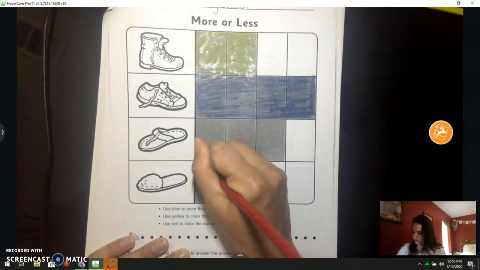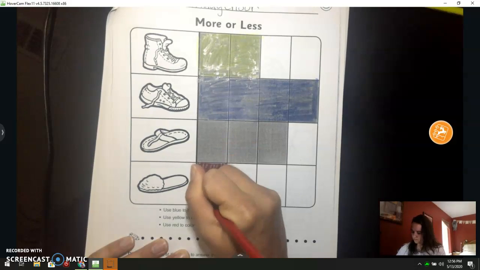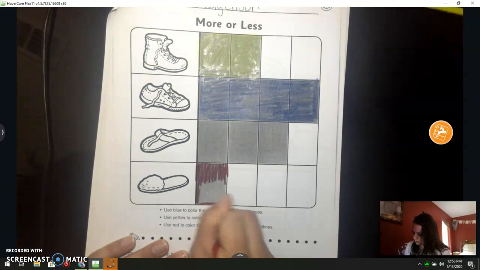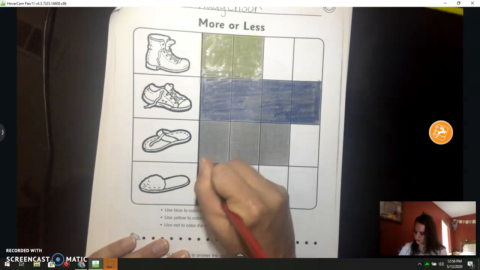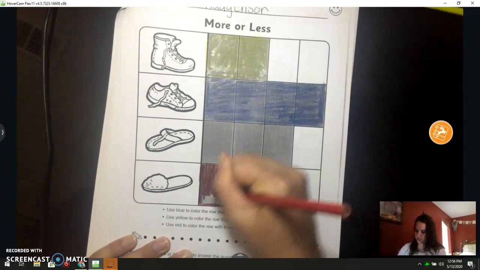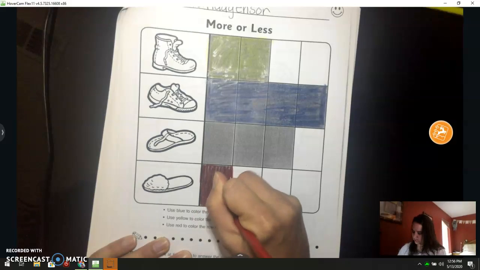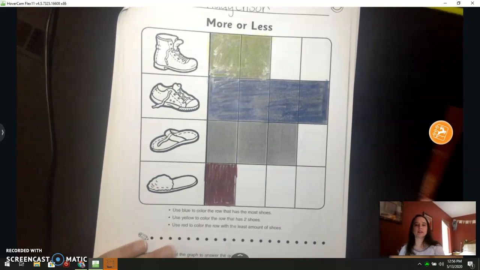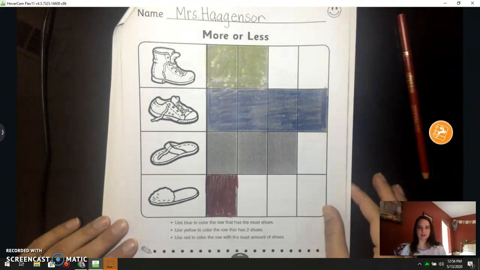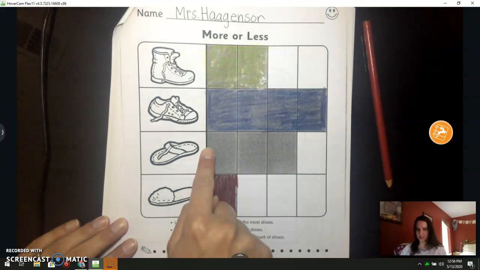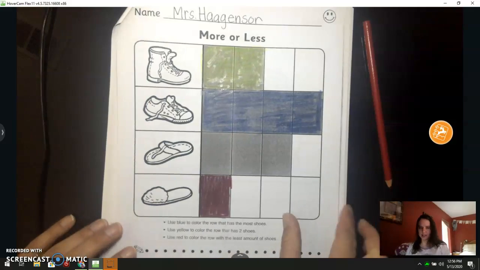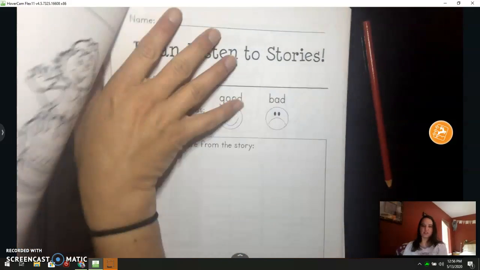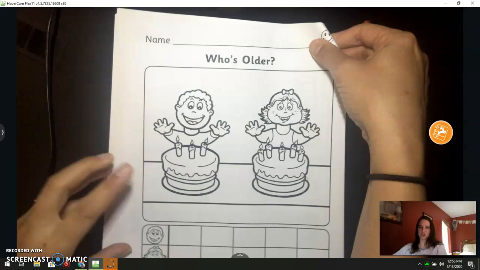And they said to color it red. I better not push too hard or I might break my red just like I broke my yellow. I was the kid who broke lots of crayons because I always pushed really hard. Right, we're done with this page. We're leaving this one empty. Most, two, and least. Flip to the birthday cake page.